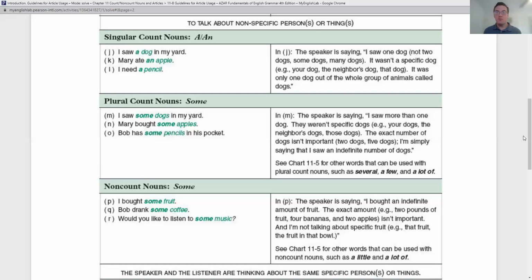I bought some fruit. Again, I don't know if it's apples only or maybe apples and bananas together. I don't know what kinds of fruit or how many. It's not really important. I just bought some fruit. It's a very non-specific statement, right? Bob drank some coffee, a little bit, 3 cups of coffee. What kind of coffee? I don't know. It's not important. He just drank some coffee. It's non-specific.